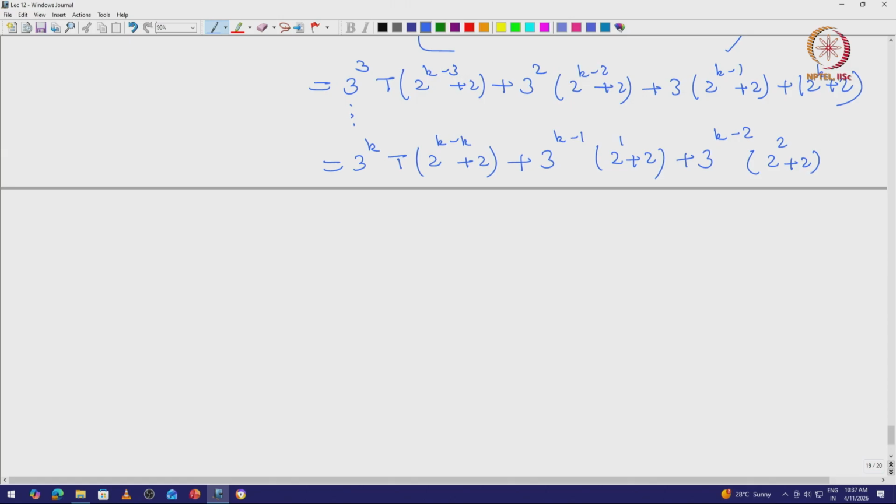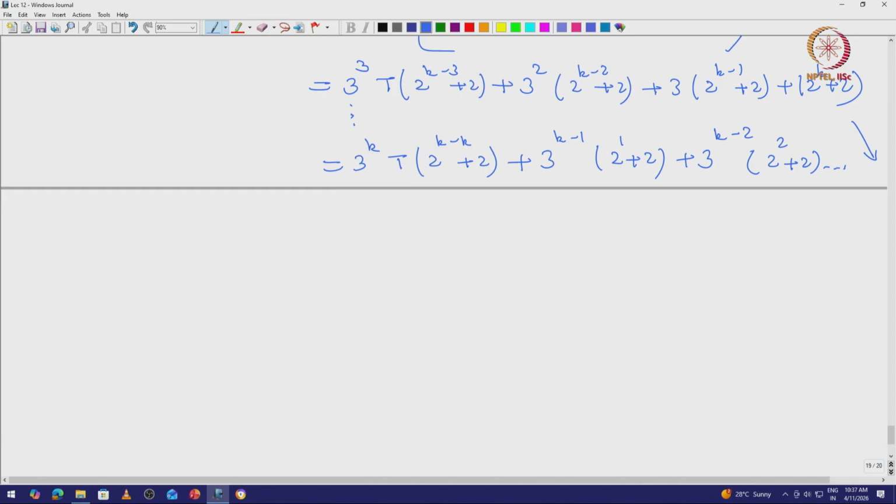So, in this way the powers of 3 will reduce and the powers of 2 will increase. When the power of 3 becomes 0, the power of 2 will become k, and that is the last term here. The last term here is 2^k + 2 because the power of 3 has become 0.